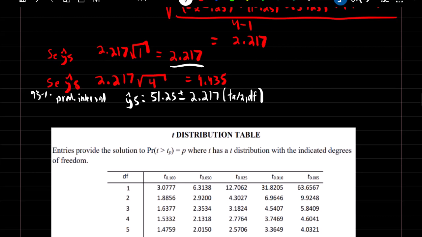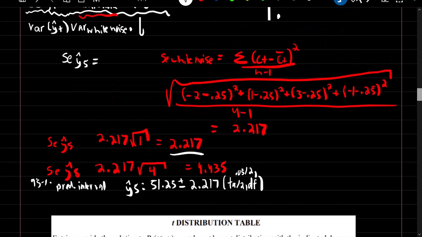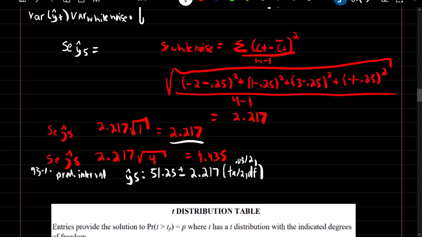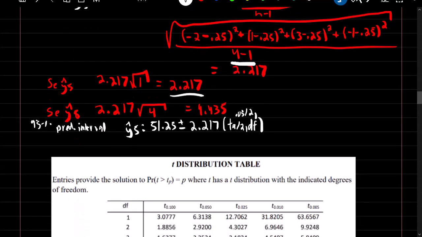So alpha over 2 is just 0.05 over 2. And for the degrees of freedom, whatever we used to find our standard error of our predicted value. Since we used 4 minus 1, that's our degrees of freedom. We can find this in the chart, 0.025 and 3, and we'll get 3.1824.